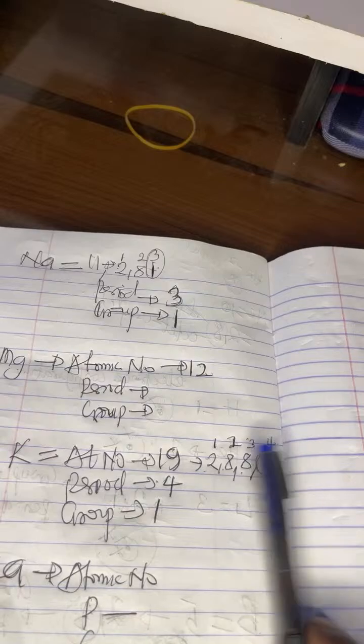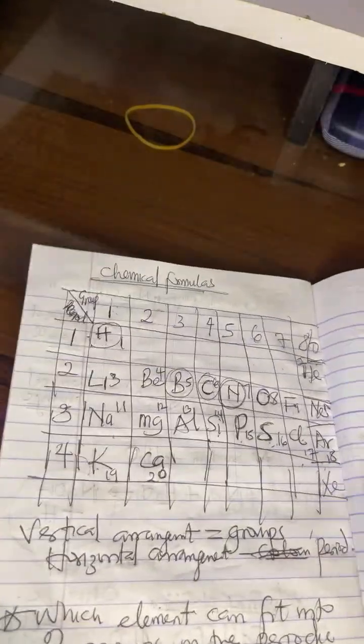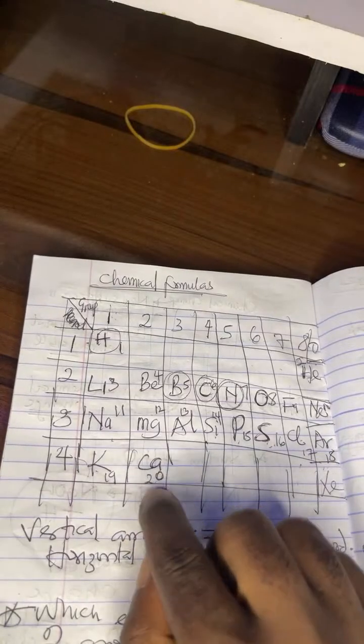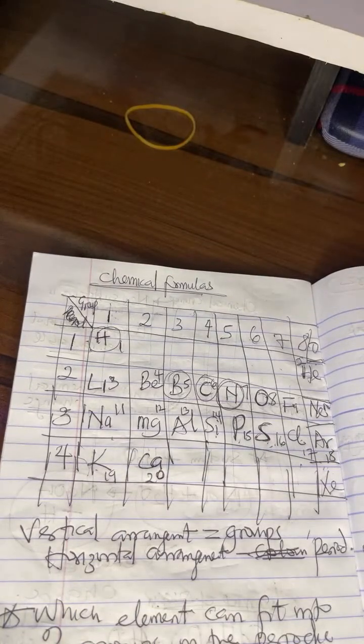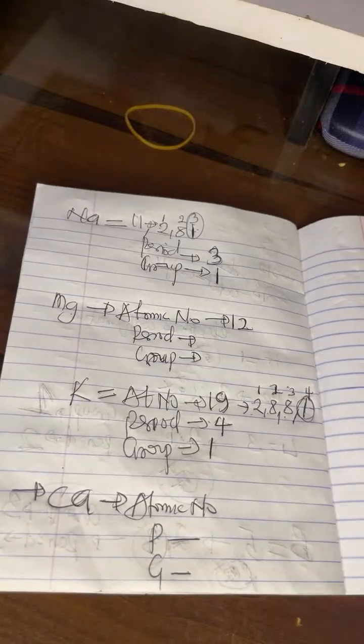Is calcium not part of the first 20 elements? How is calcium 20? This is calcium. How is it 21? Okay, good. Solve the question. What's the period? What's the group?